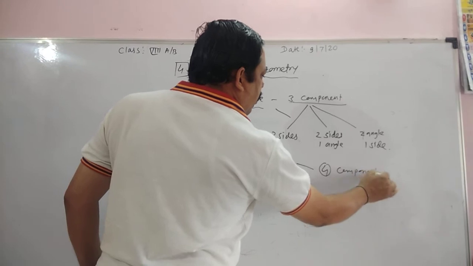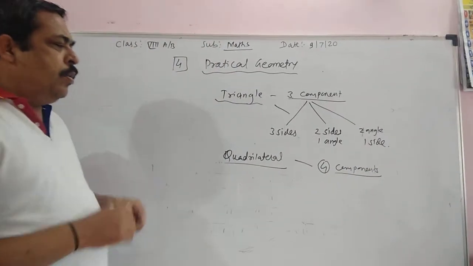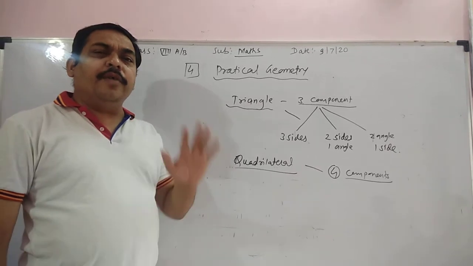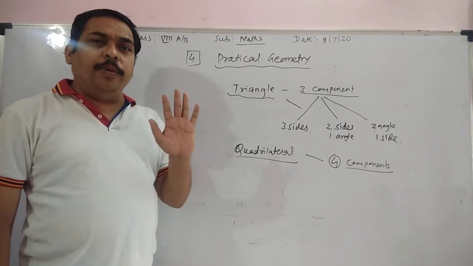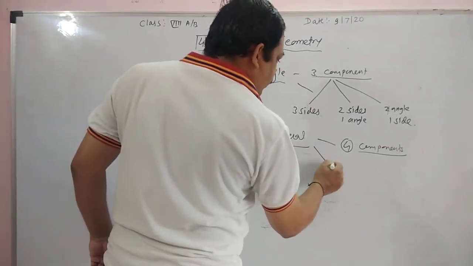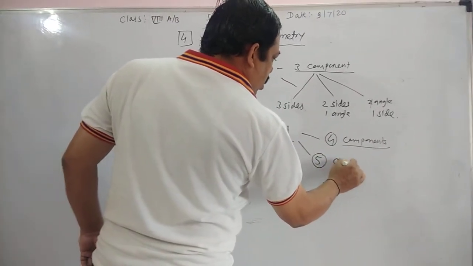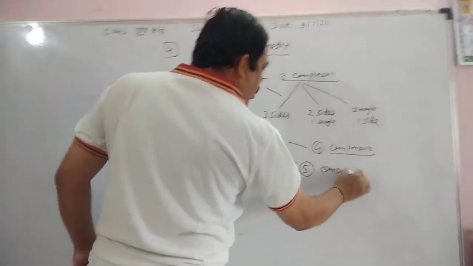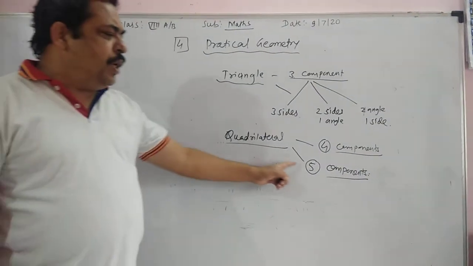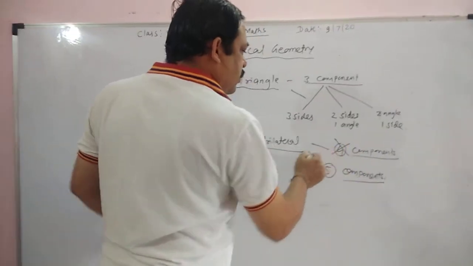This is the answer from many students. But to draw the quadrilateral we must need 5 components. How many components we need? 5 components we need. To draw the unique quadrilateral, we need 5, not 4.